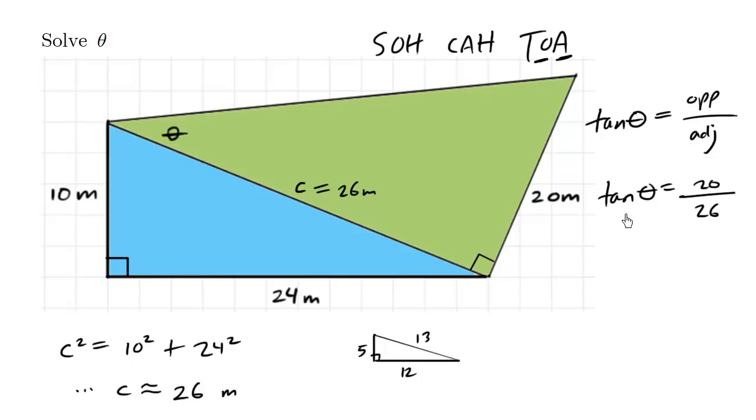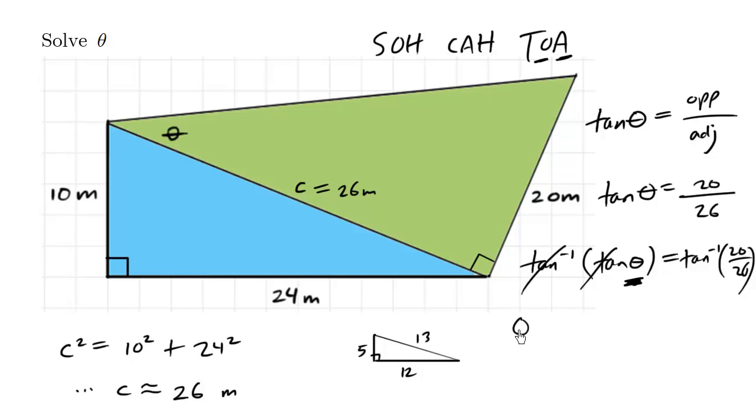What we do is we eliminate this trig function by using the inverse. We take the tan inverse of both sides. So the tan inverse of tan theta equals the tan inverse of 20 over 26. The inverse trig function, as long as these are the same, they cancel out, leaving the angle theta exposed.